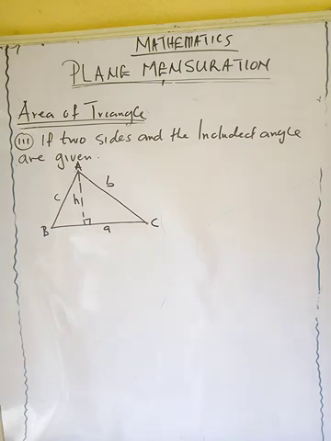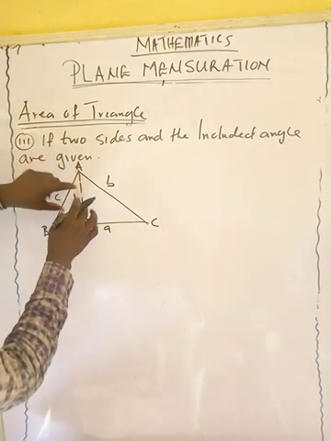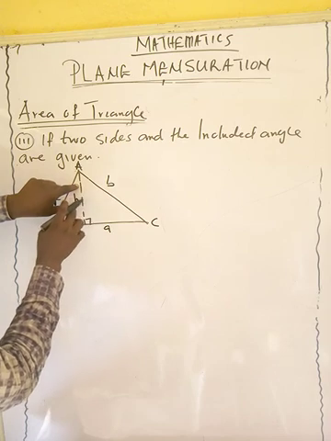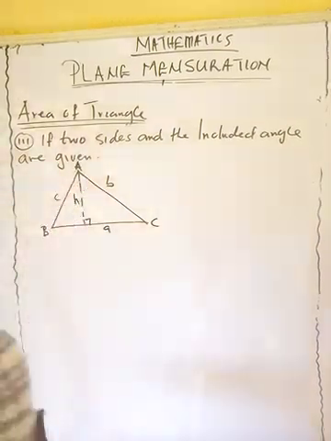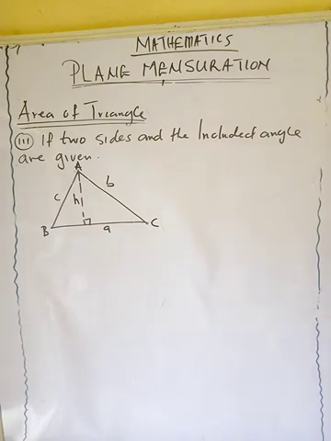Therefore, the height can be derived in terms of the sine of the angle facing the height itself. Now, how do we calculate the area?